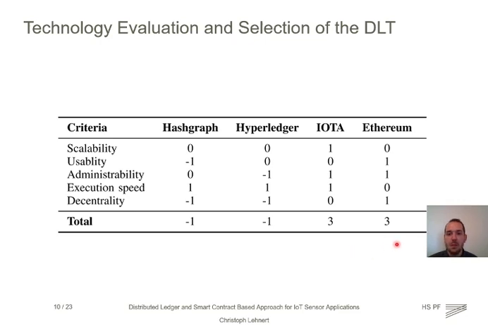Ultimately, Ethereum is more suitable because it is ahead in terms of decentralization. The blockchain Ethereum is 100% decentralized, while IOTA still needs coordinators. Hyperledger is dropped because of the bad administrability if there are several participants. The choice finally fell on Ethereum.